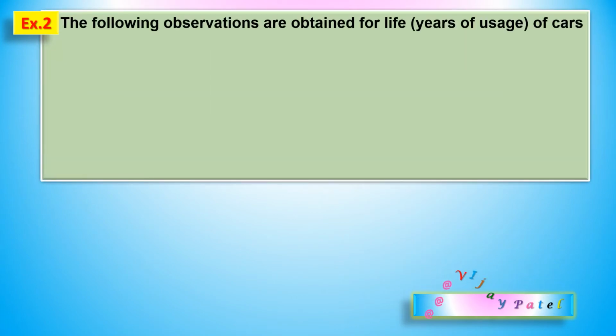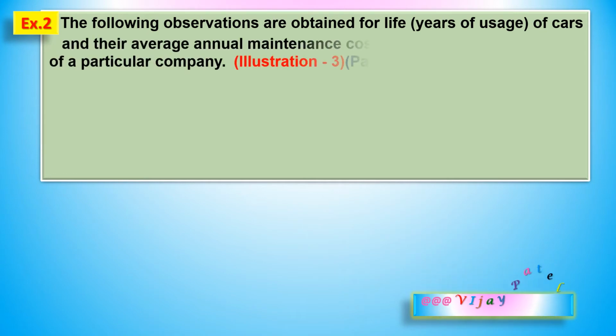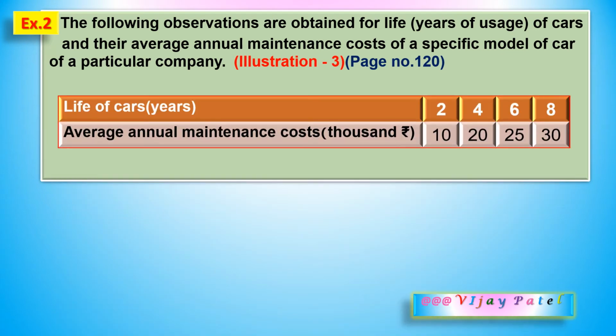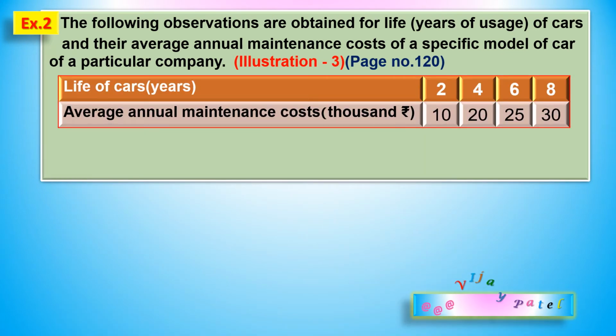Example number 2. The following observations are obtained for life in years of usage of cars and their average annual maintenance cost of a specific model of car of a particular company. Life of cars in years: 2, 4, 6 and 8.